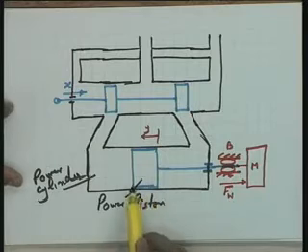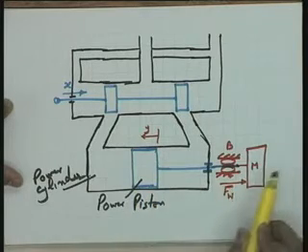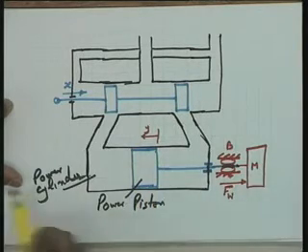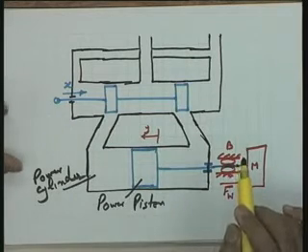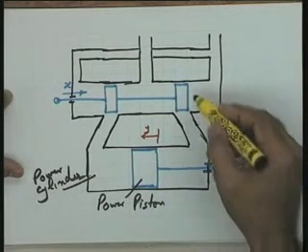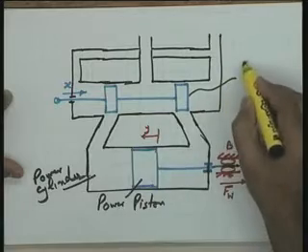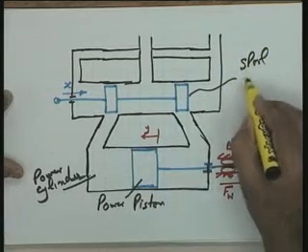Now, this movement of this power piston is going to move this load in this linear, translational way. Now, let us see what is the input to this particular system. This particular valve, I say that it is a spool valve.